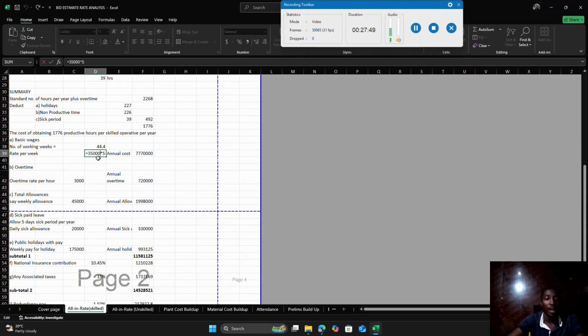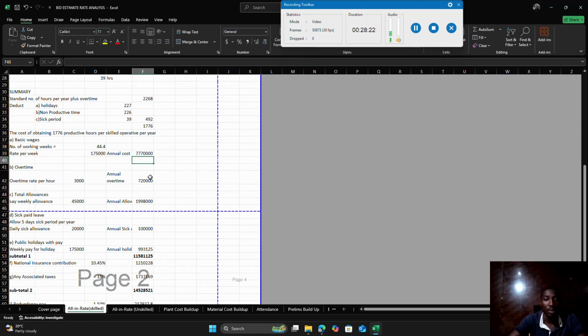If we are paying, say, an engineer or foreman 35,000 per day or per 8 hours, in other words we are paying him 35,000 divided by 8, that's 4,375 per hour for supervising the works. So the annual cost will be equal to 7,770.